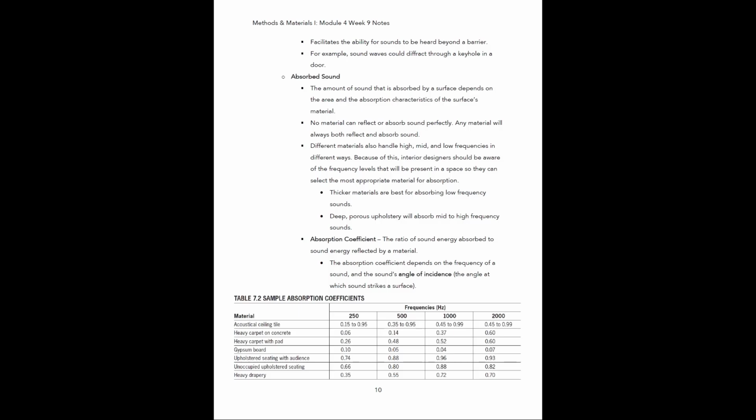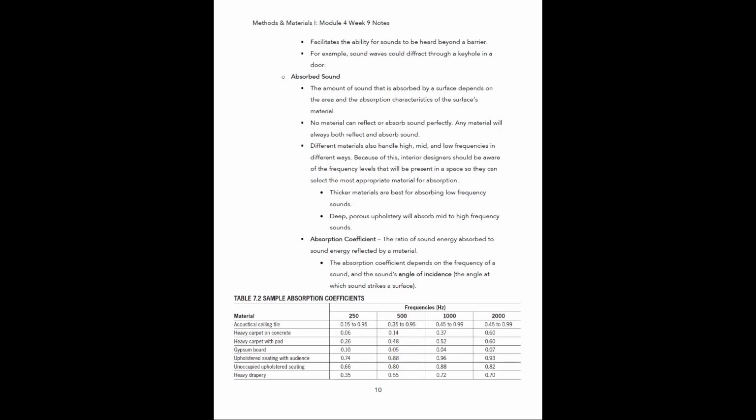So if we had a highly reflective material like polished concrete as our flooring, or even glass, even though it is very reflective and is not going to capture a lot of sound, there's always going to be some sound absorbed by it.